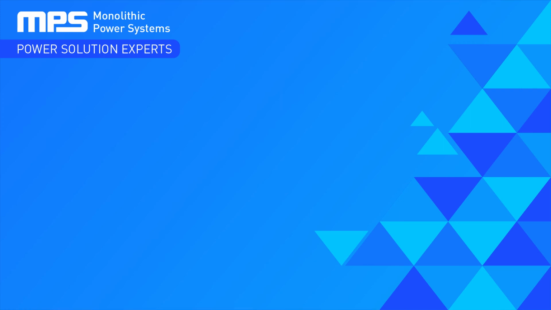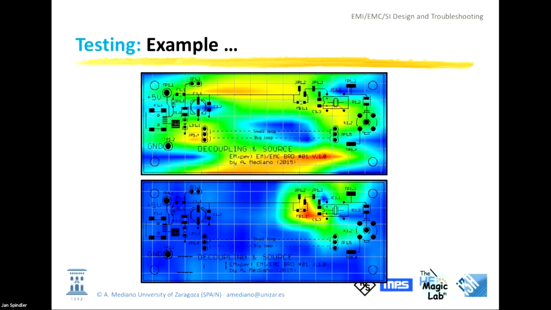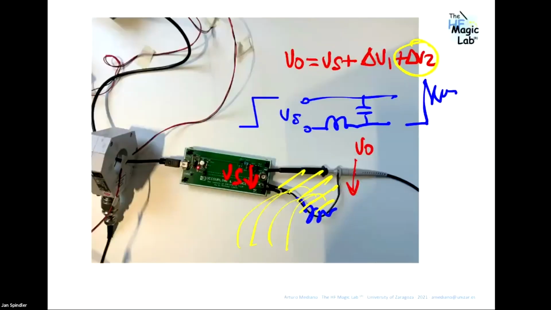So there's one more question. Is there further improvement when using a small loop? In the decoupling? Can you repeat the question, please? The question is, what happens if I select in my PCB the small loop?